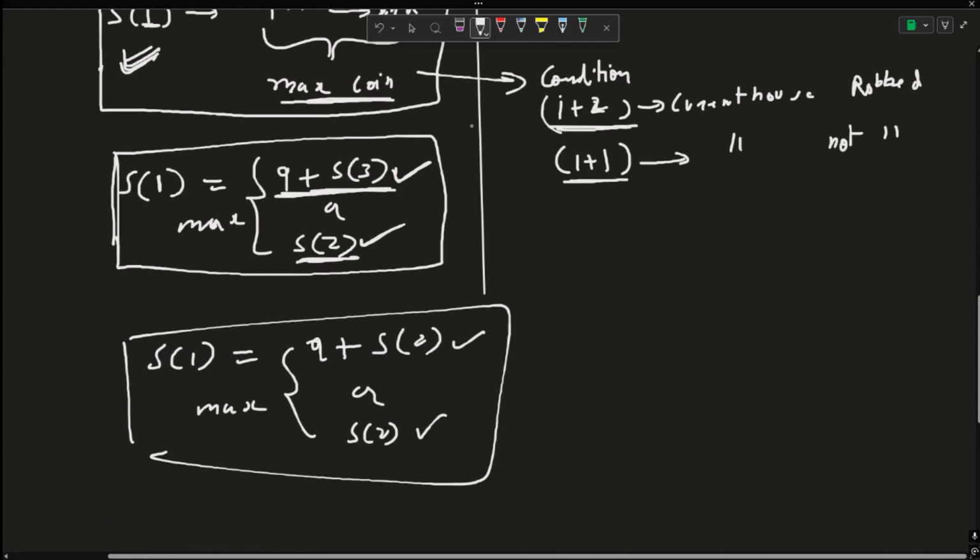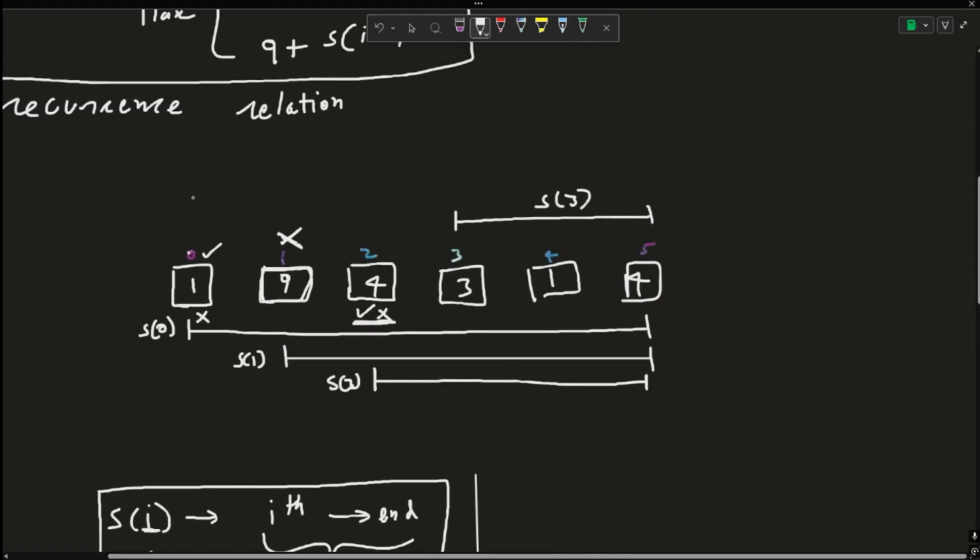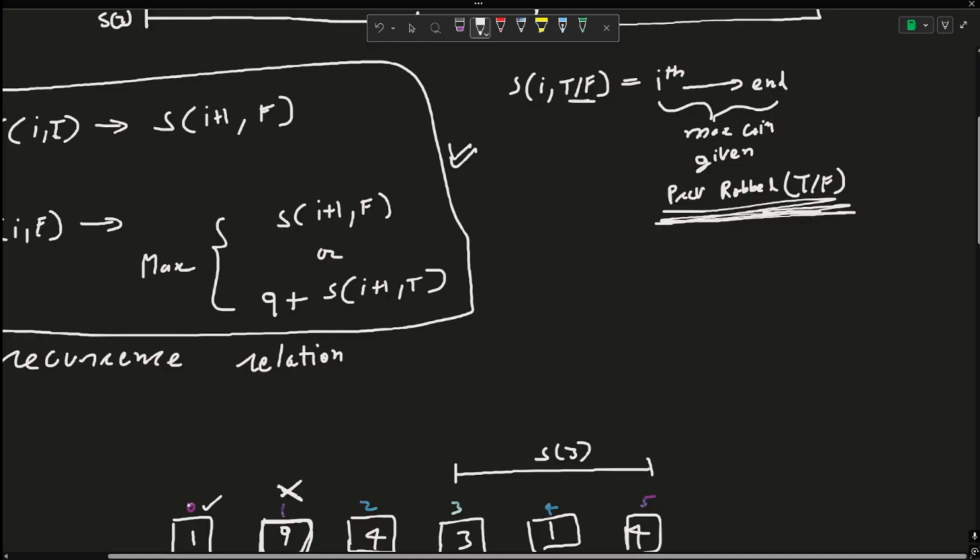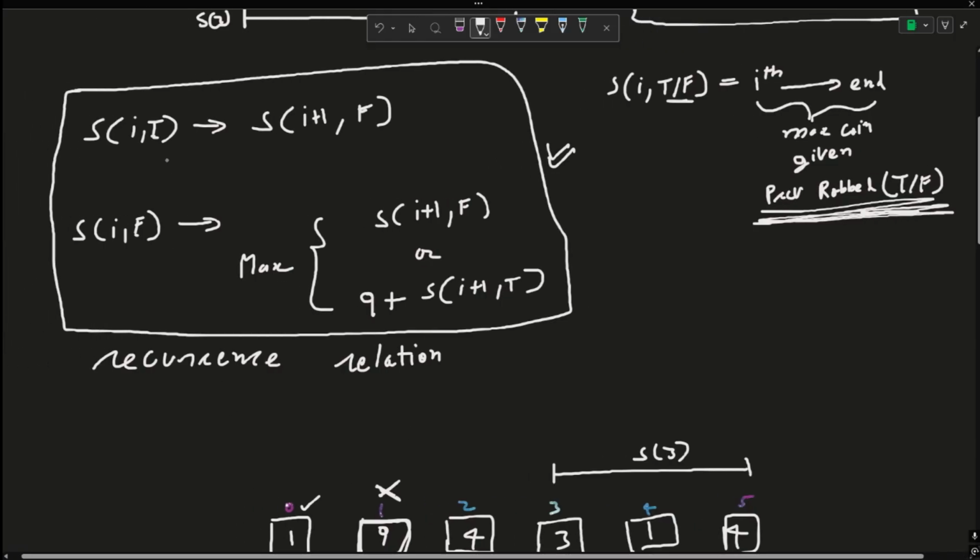So we can do it with a single variable, and here the final recurrence relation was like this: we had S(I,T) and S(I,F).